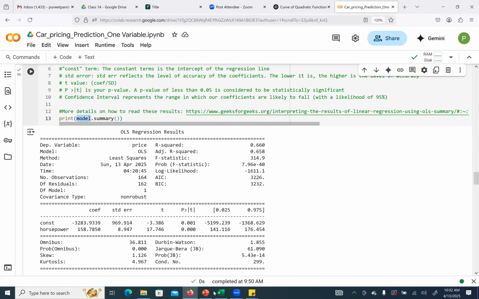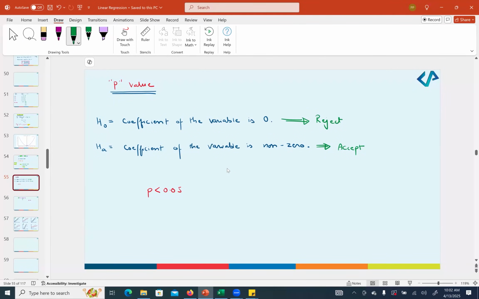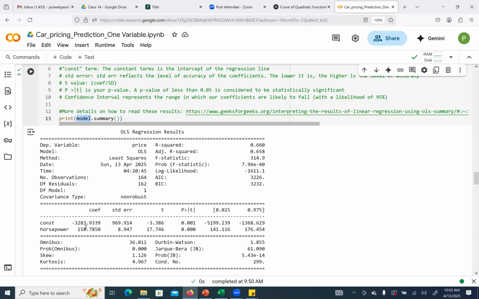But hypothesis testing tells me that if you do this modeling again and again, let's say with a slightly different data set, what are the chances that this coefficient might come as 0? See, here it is 158, which is way above the 0 value.